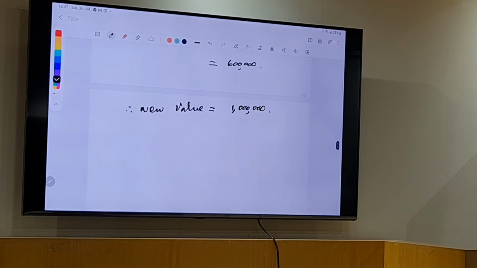Continue. Is there any information about changes in the total life? They don't talk about it. So how many years so far finished? 5. So remaining life? 20. Remaining life is 20.